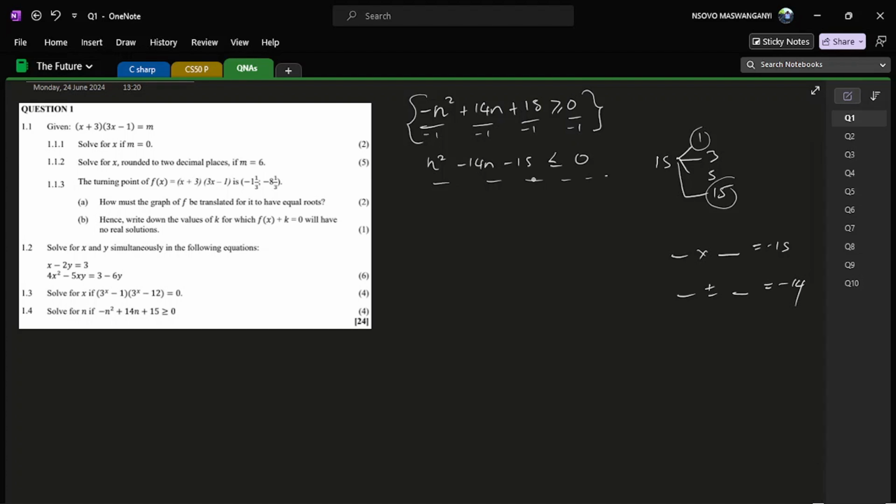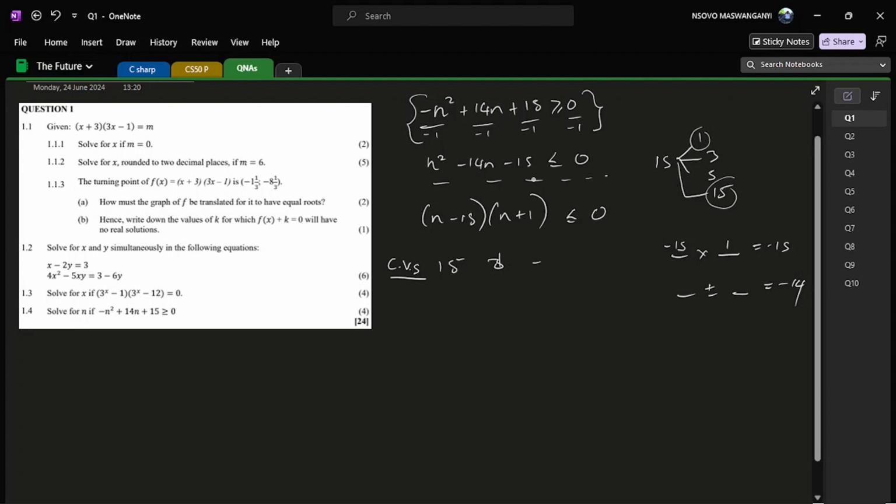So in other words, if we try -15 multiplied by 1, -15 multiplied by 1 is -15, but -15 plus 1 is -14. So here we can come and say this is the same as n minus 15 and plus 1, because -15 plus 1 gives us -14, is less than or equal to 0. So this means that our critical values are 15 and -1.